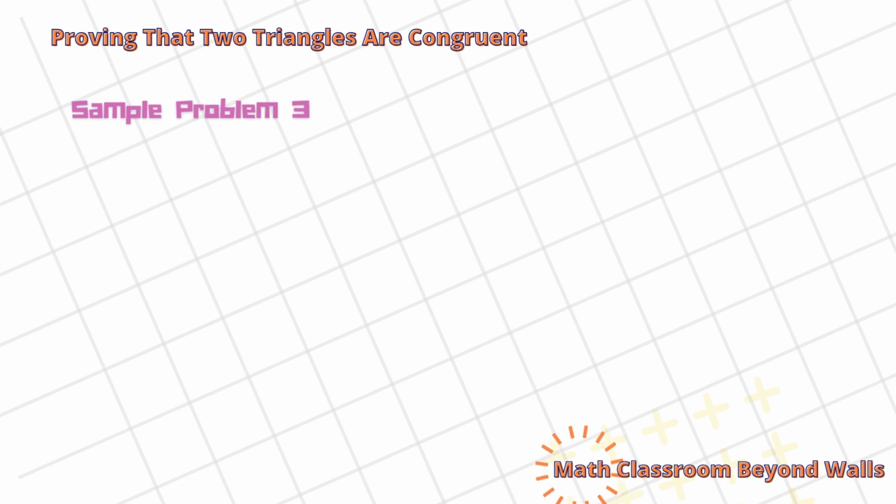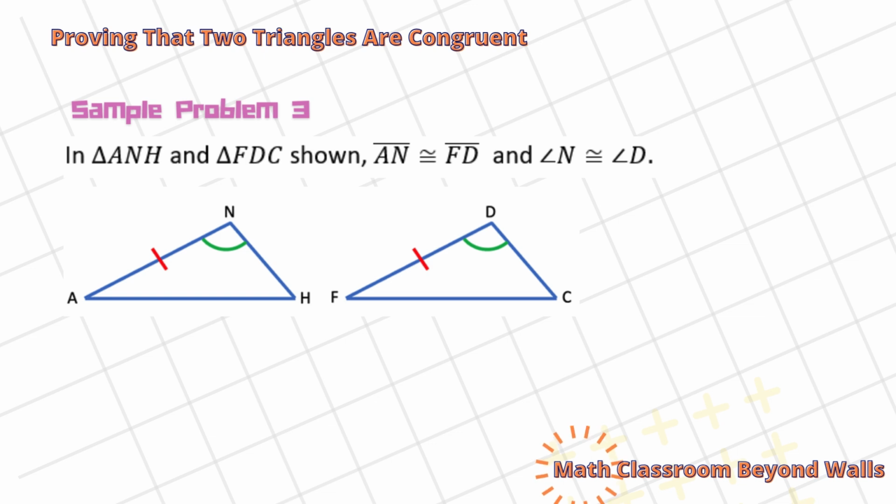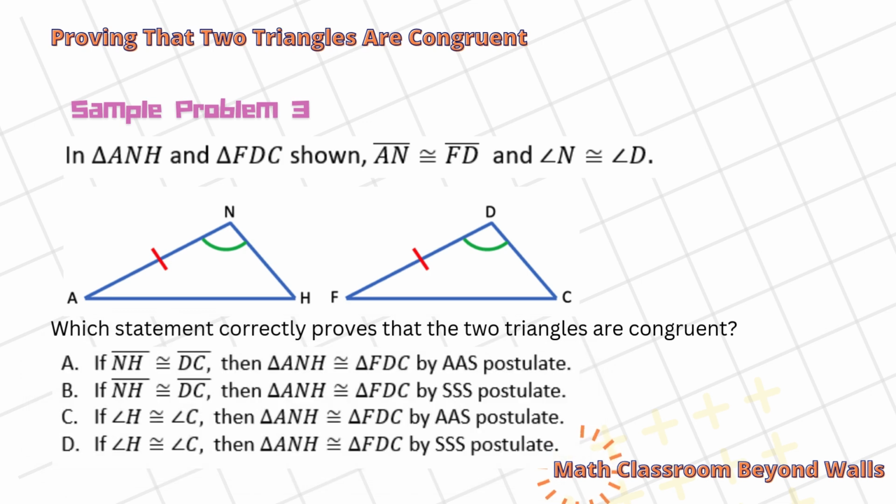Here's the problem. In triangle ANH and triangle FDC, side AN is congruent to side FD, and angle M is congruent to angle D. Which statement correctly proves that the two triangles are congruent? Option A, if side NH is congruent to side DC, then triangle ANH is congruent to triangle FDC by AAS postulate.